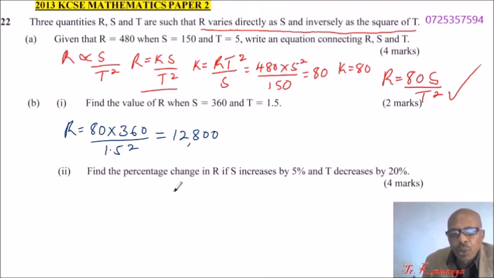Roman number 2, we are told to find the percentage change in R if S increases by 5% and T decreases by 20%, and you get 4 marks.